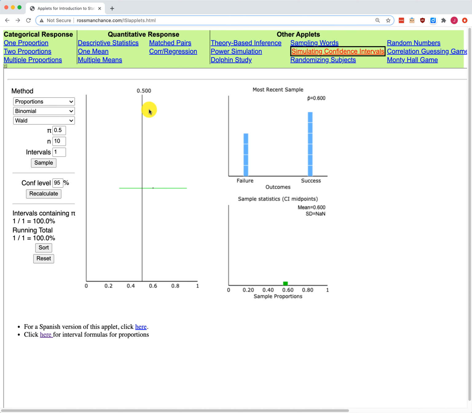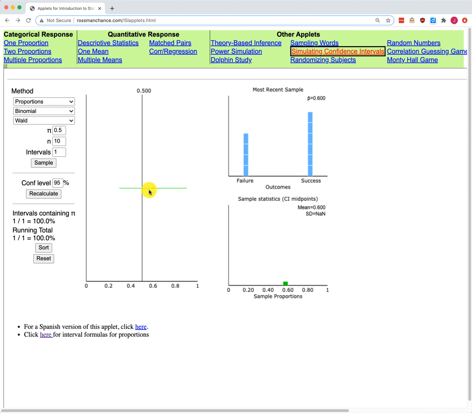Now over here in the middle of the page, there is a bright green line, and there's a little dot right in the middle. That dot represents our sample proportion of 0.6. If you look down towards the axis, that little dot hovers above 0.6. So the dot represents the center of our interval, and when you add and subtract the margin of error, you come up with the endpoints of your confidence interval.